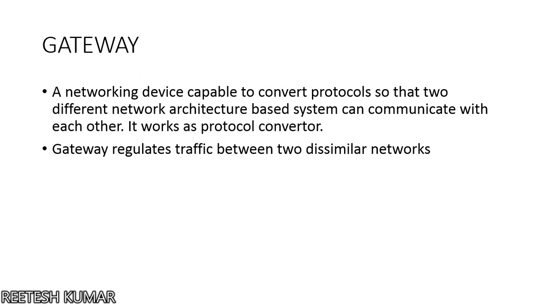A networking device capable of converting protocols so that two systems based on different network architectures can communicate with each other is known as a gateway. It works as a protocol converter. Gateway regulates traffic between two dissimilar networks. Now, is it clear what a gateway is?